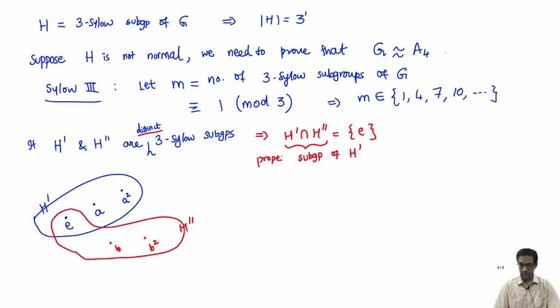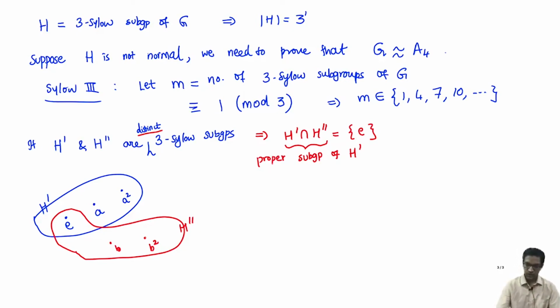So this intersection has to be a proper subgroup of H prime. But H prime has cardinality 3, so a proper subgroup has to be of cardinality 1. So any two of these 3 Sylow subgroups must intersect in this manner: they have the identity in common, but the other two elements are separate.